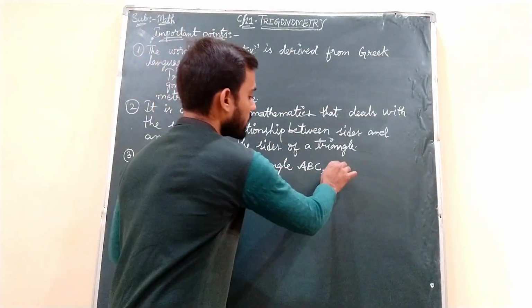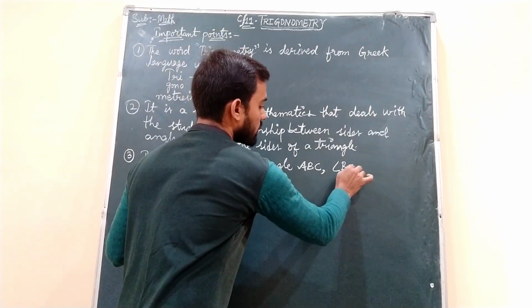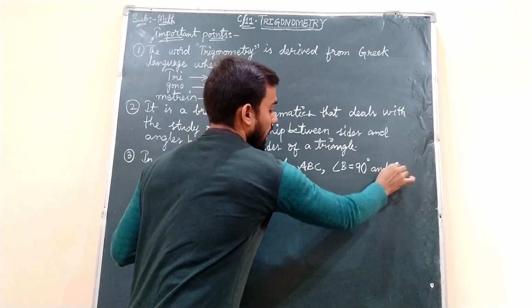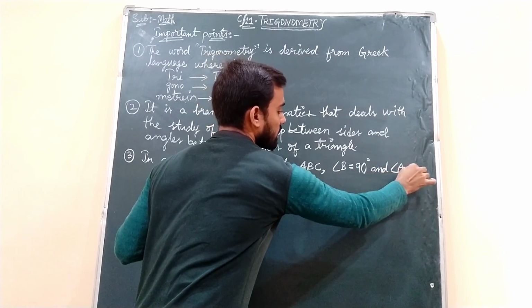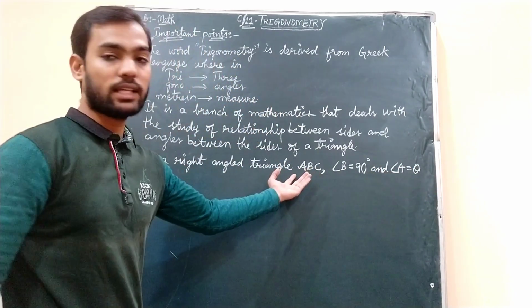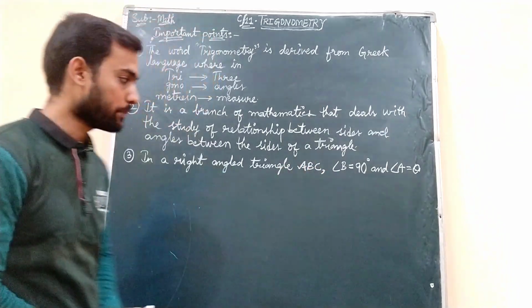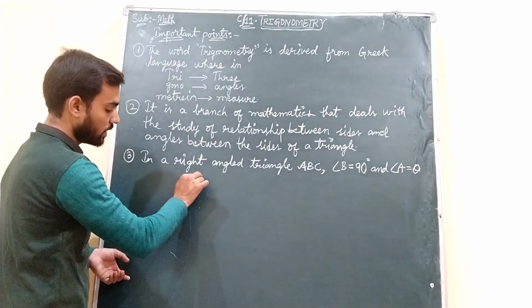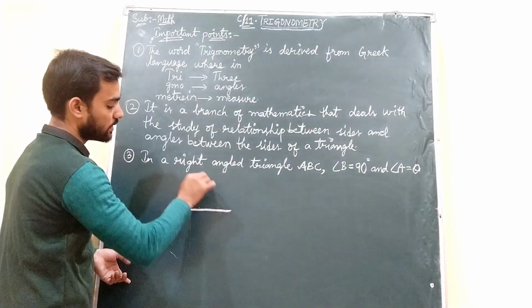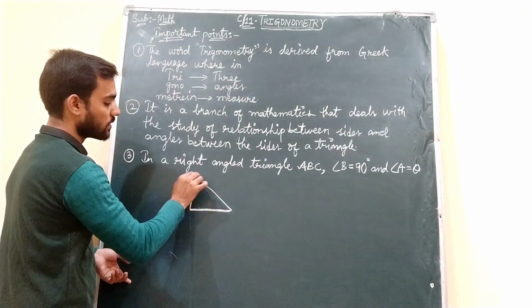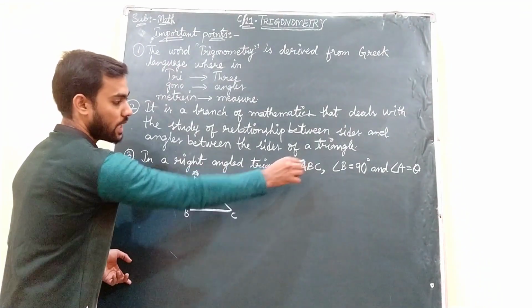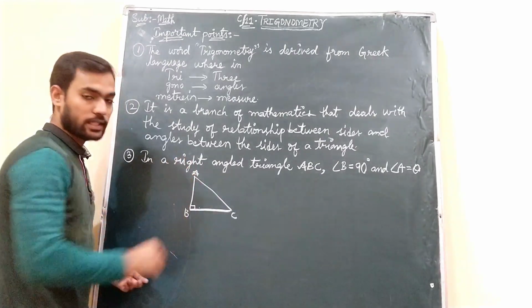So among these 3 I will take angle B equals 90 degrees, and angle A I will take as theta. Either you can take angle A as theta, or you can take angle C as theta. Why I have taken that as theta, I will say now. This is your right angle triangle, this is A, this is B, this is C, because here I have taken angle B as 90 degrees.